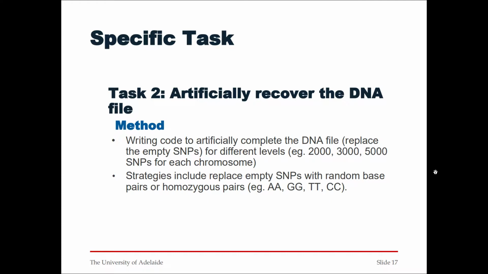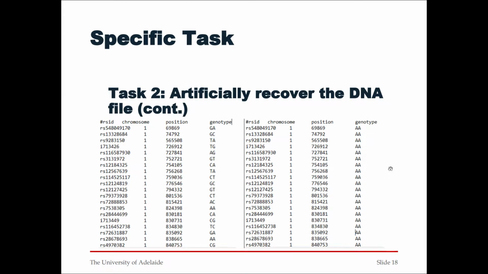We have implemented several recovery algorithms, including filling empty SNPs with random base pairs or homozygous pairs, such as AA, GG, CC, or TT. The figures here show 2 screenshots of DNA data that replace the empty SNPs with random pairs and fill the empty SNPs with base pair AA.